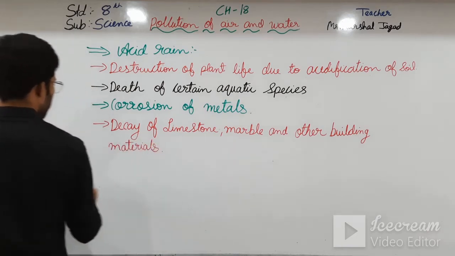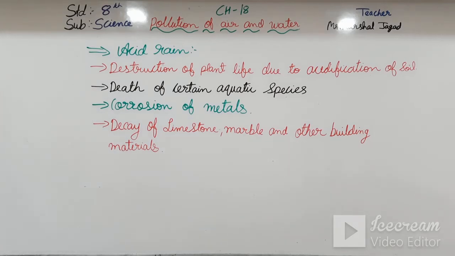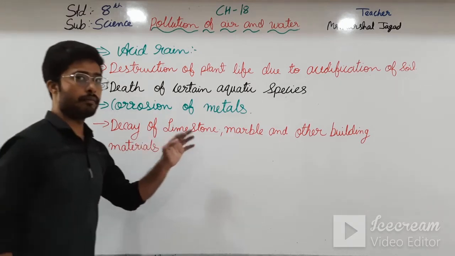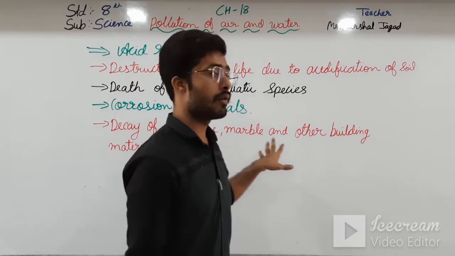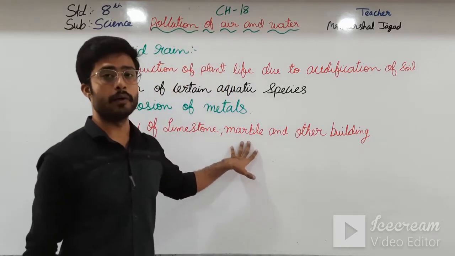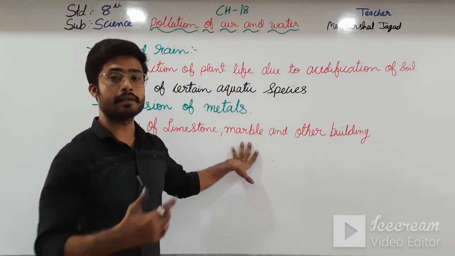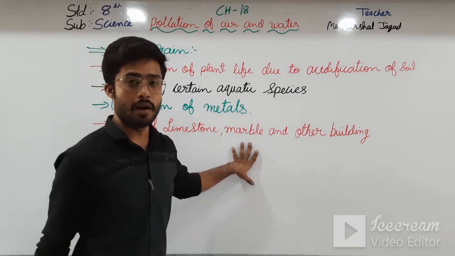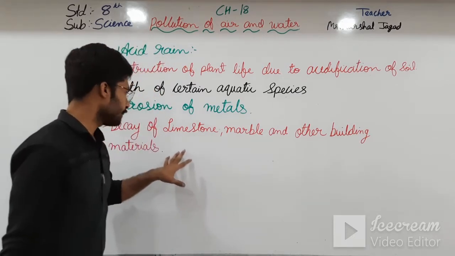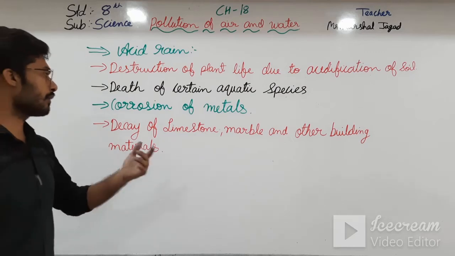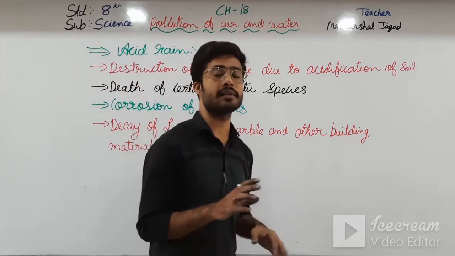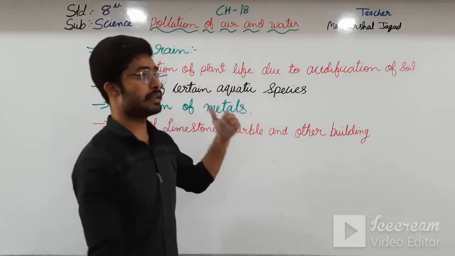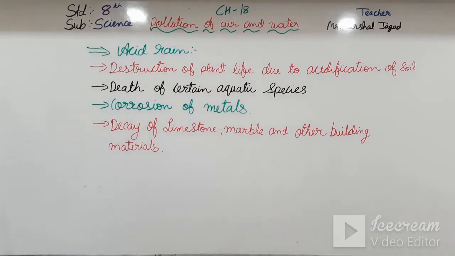In the marble, we know that Taj Mahal was built with white marble. Due to this acid rain, it is converting white to yellowish. Limestone is also converted to acidic, and other building materials are also harmed by the acid rain.